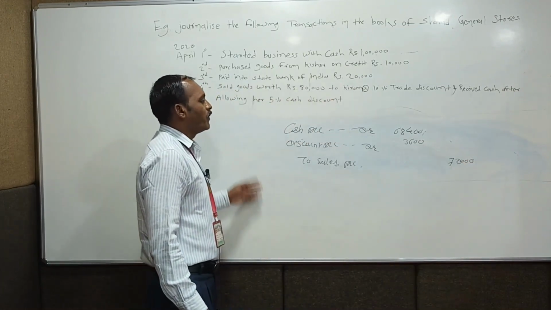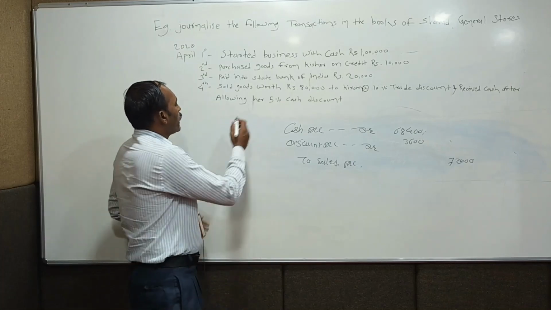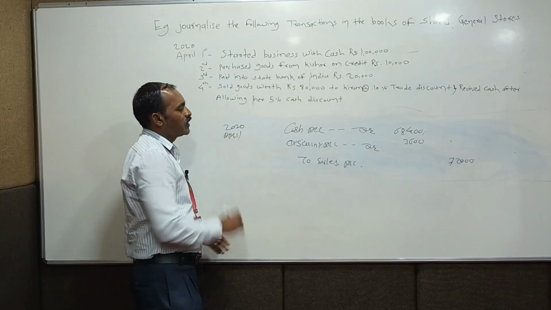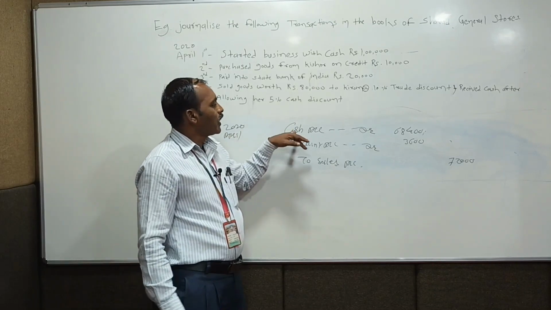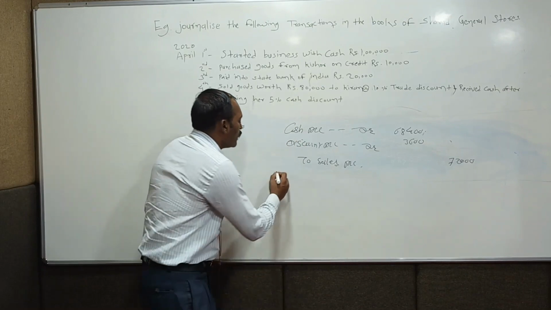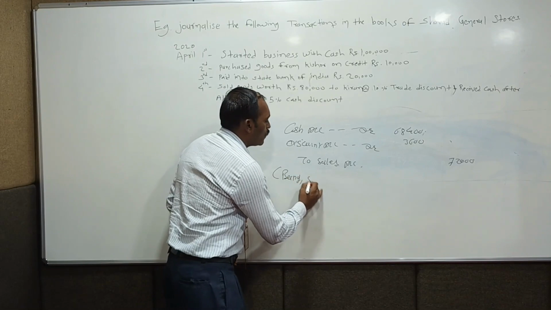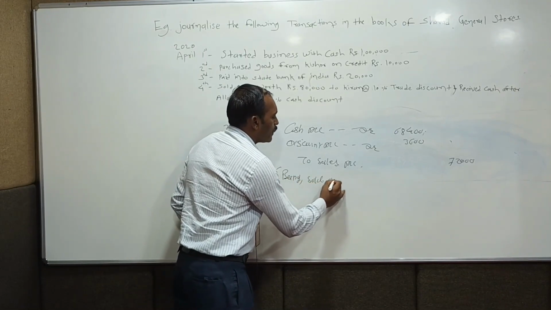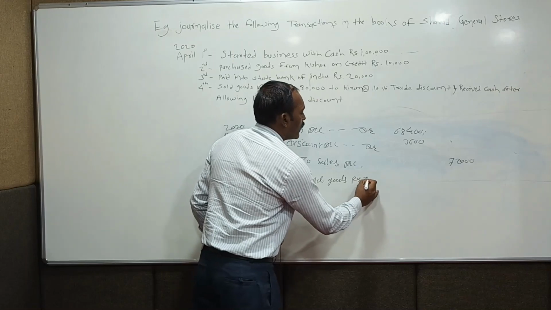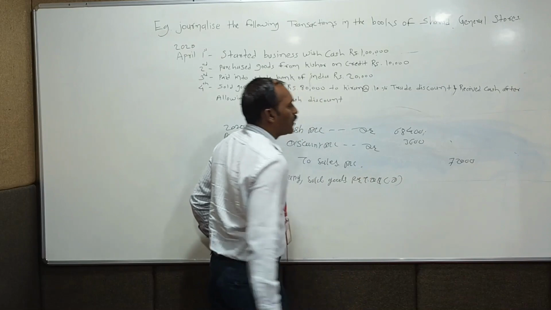Then in the date column, the date of that transaction, 4th April 2020, is recorded, first the year 2020, then April 1st. Then in the particulars column, cash account debit, discount account debit, to sales account. Then narration starts with the word 'being sold goods for trade discount and cash discount', and close the bracket.